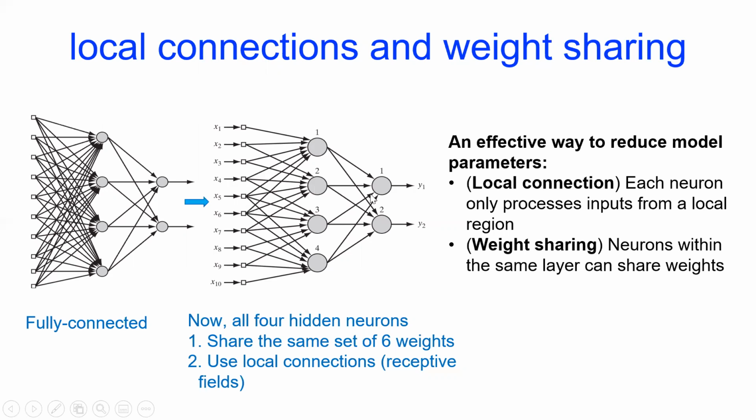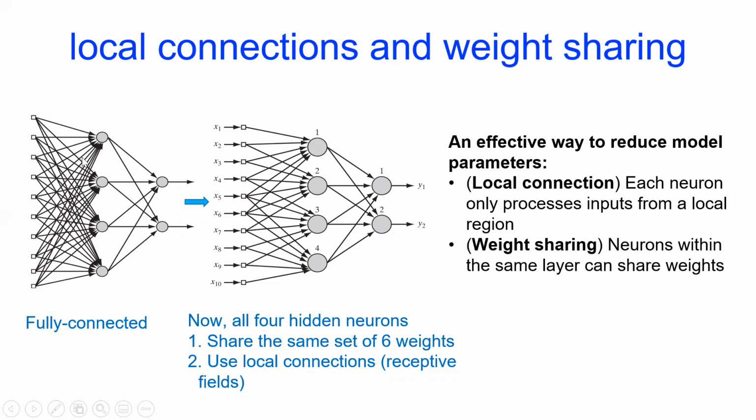Then weight sharing says that those hidden nodes, or those neurons, to use a cooler name, will share weights. Neurons from the same layer are allowed to share weights. So now those 4 neurons are reusing the same set of 6 weights.